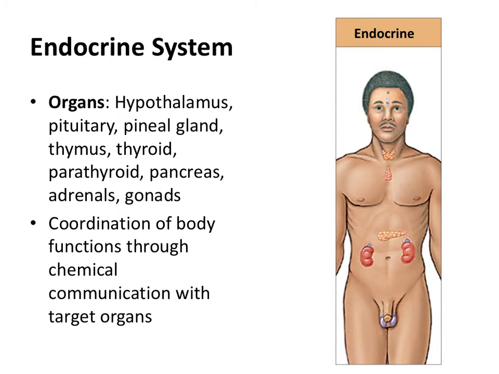Because control through hormones takes some time to ramp up, but it will last a longer time because basically the hormones circulate and it takes time for them to be removed. We're going to see long-term continuous processes like growth, metabolism, and reproduction handled by the endocrine system. So when we talk about this system, that's largely what we're going to be looking at overall.